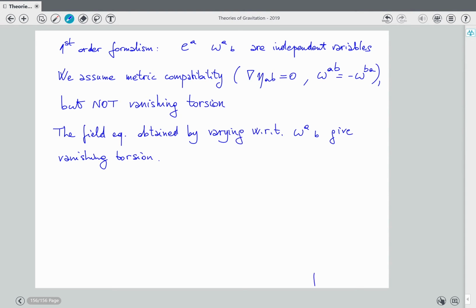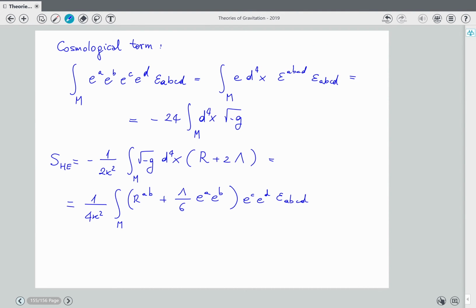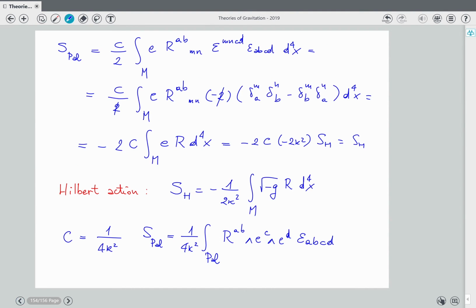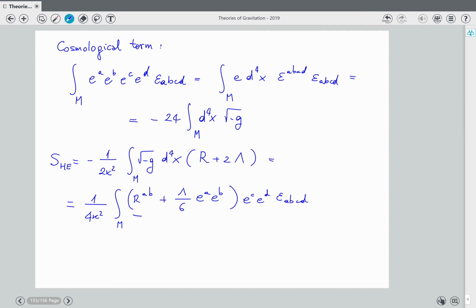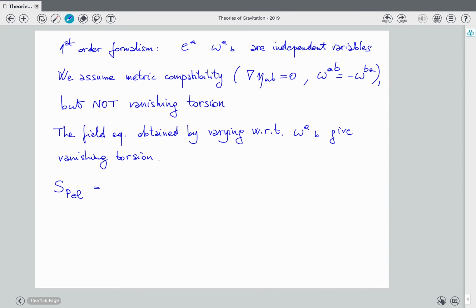So let us see that. Let us rewrite the Palatini action more explicitly in terms of E and omega, because we know what R is. We do not consider for the moment the cosmological term, it can be added later. So what is it?